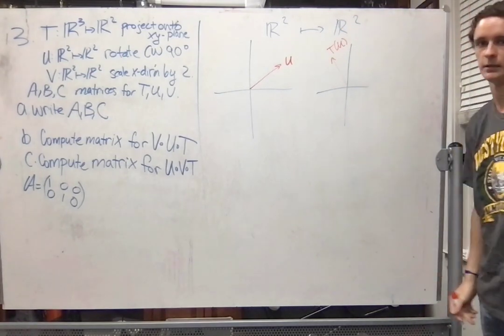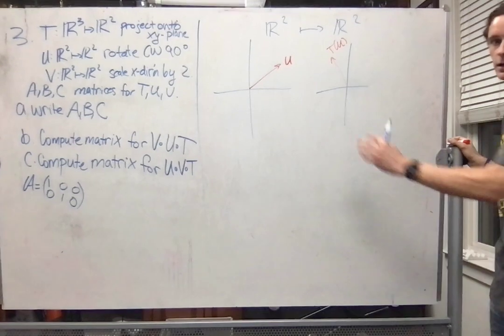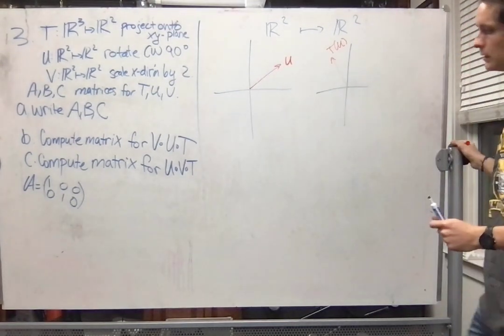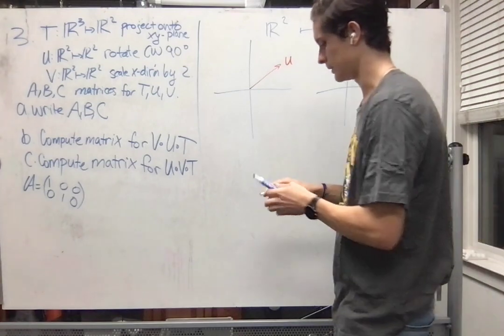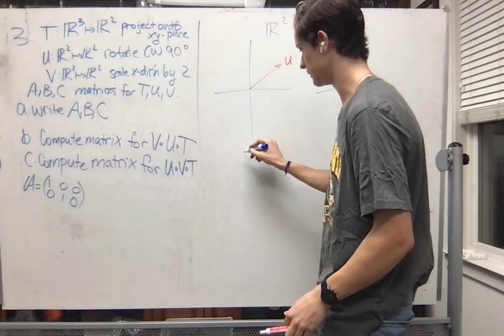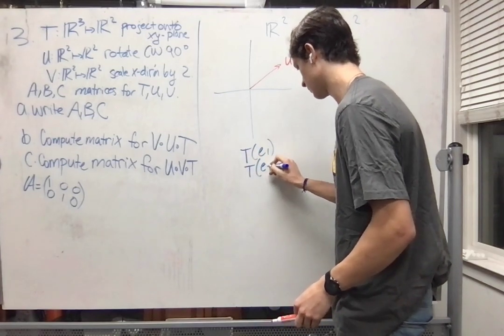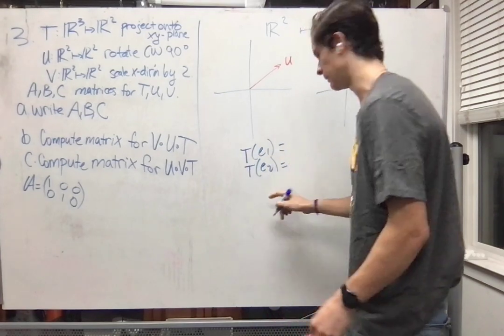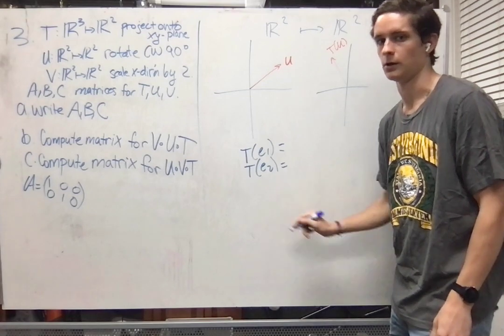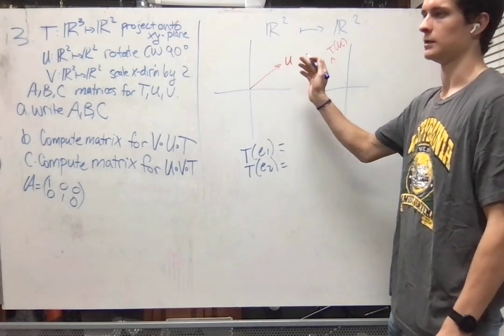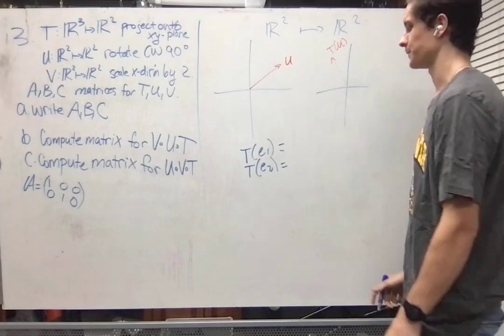So this is what the picture of the transformation looks like. Everything gets rotated, and that's what the output looks like. So very easy to find T of E1 and T of E2. Do we have to find T of E3? No, because the domain is R2, so we only need to find T of E1 and T of E2.